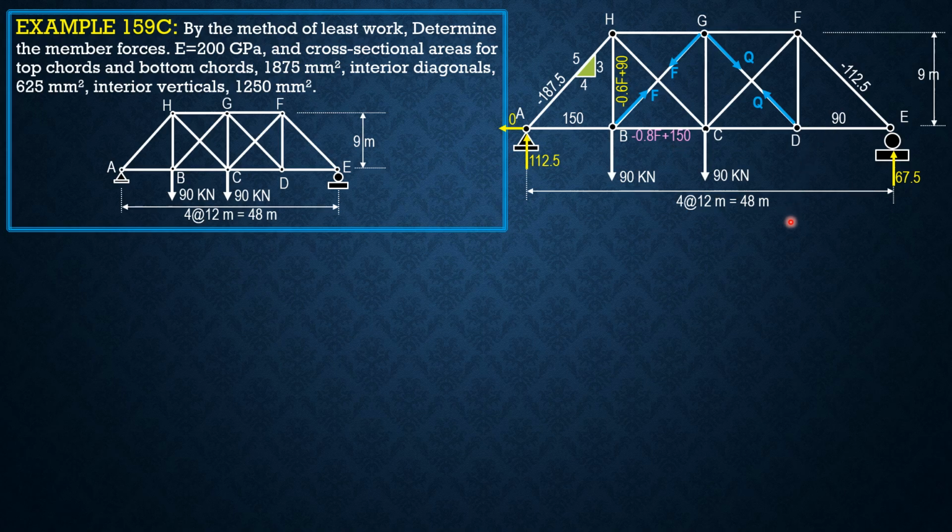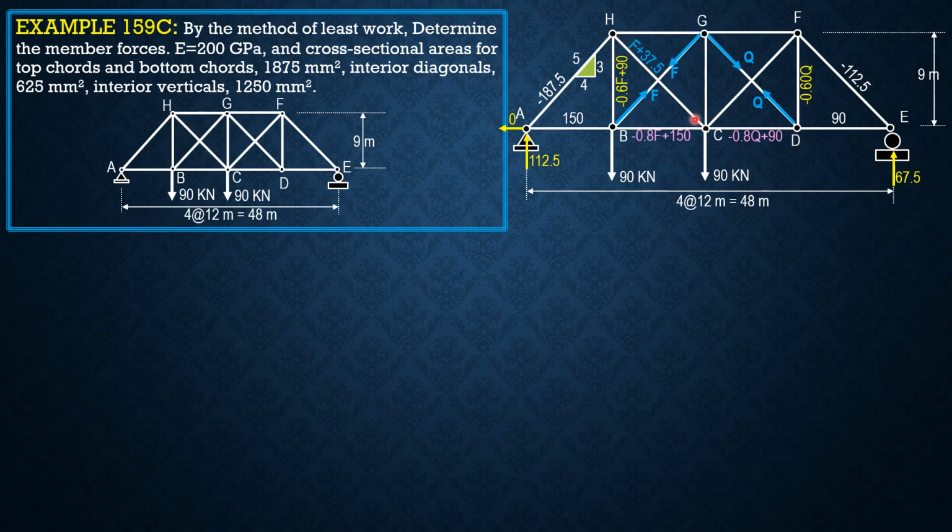Then we proceed to joint D, summation of forces vertical, you can get DF as negative 0.6 Q. Then summation of forces horizontal, you will have CD as negative 0.8 Q plus 90. Then we proceed to joint H, summation of forces vertical equals 0.